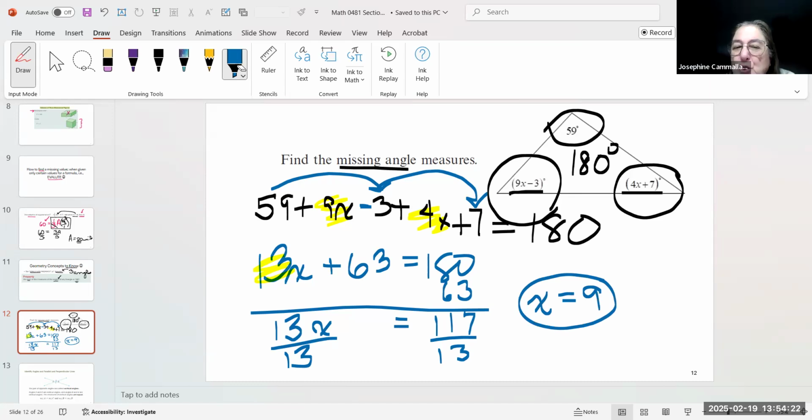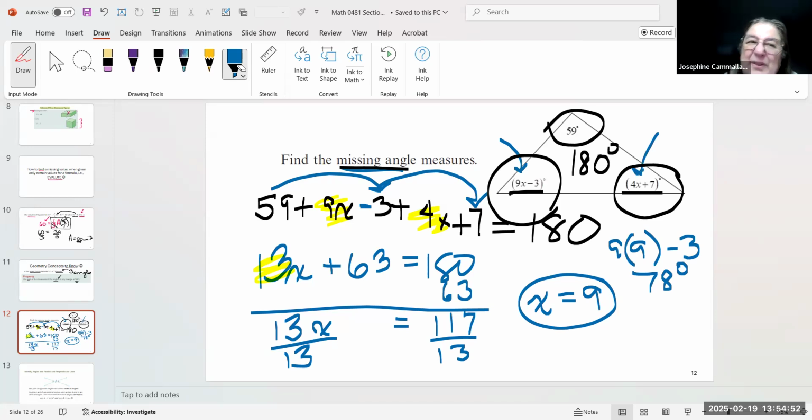Now, what do I do with that x? This is asking me for the angle. I got x, which means right here, I'm going to put in 9. 9 times 9 minus 3 is 81 minus 3, or 78 degrees.